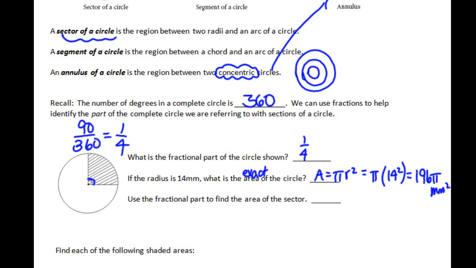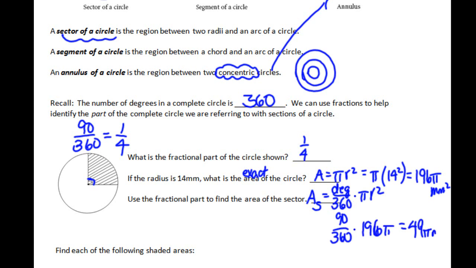Now the area of the sector is going to be the number of degrees in the angle over 360 times pi r squared, because we're going to take that fraction. So this is 90 over 360 times what we already knew was 196 pi. And if you do that math, you get 49 pi millimeters squared.